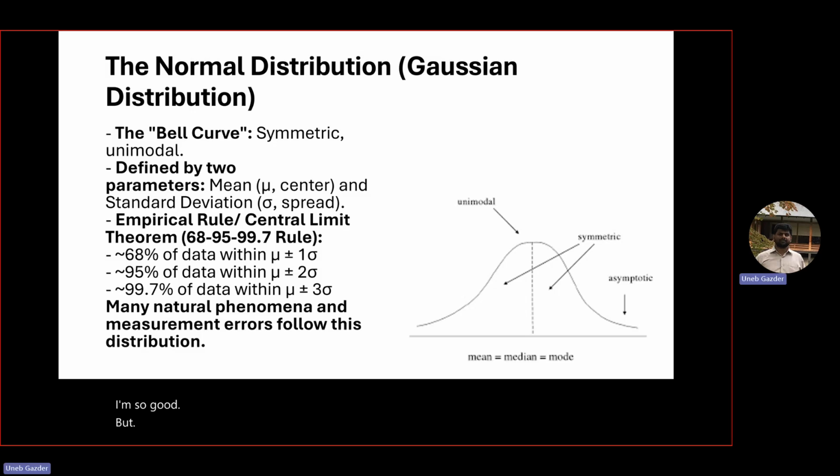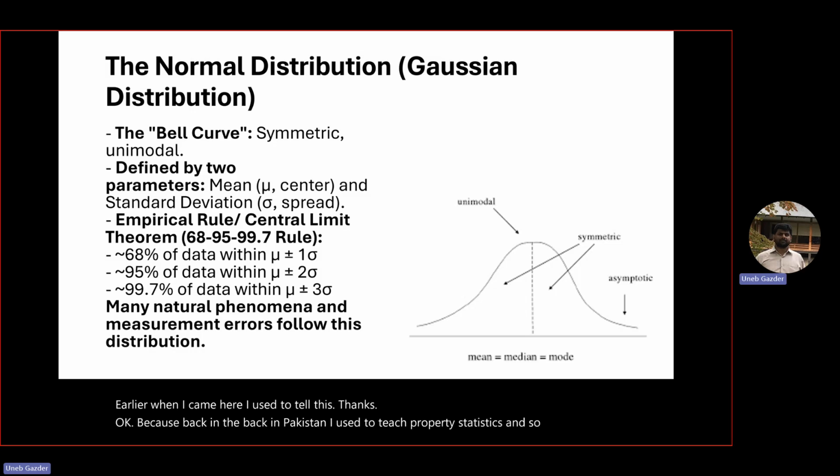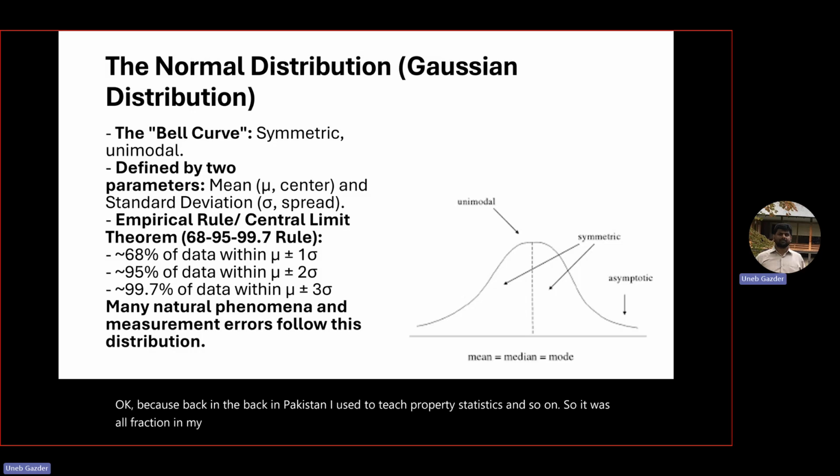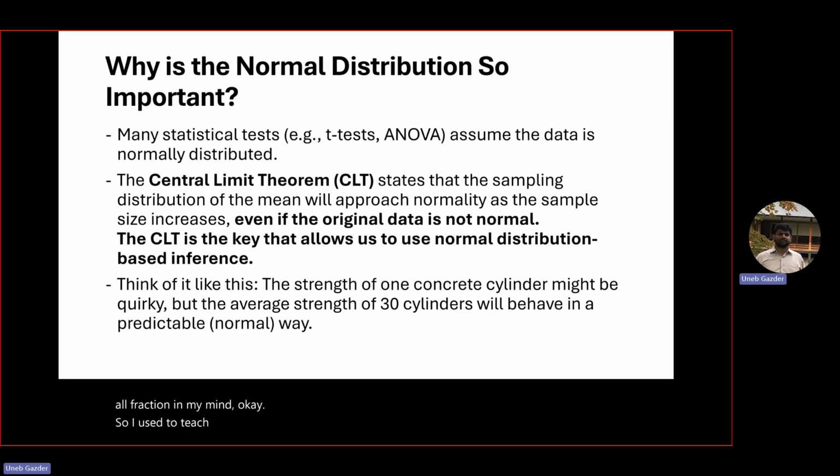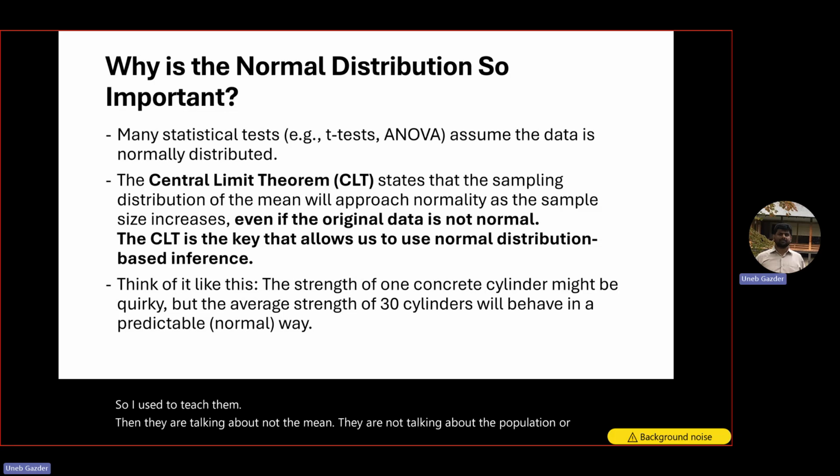But earlier when I came here, I used to tell these things, because back in Pakistan I used to teach probability and statistics and so on. So it was all fresh in my mind. I used to teach them that they are not talking about the population or the sample, they are talking about the mean of the population.